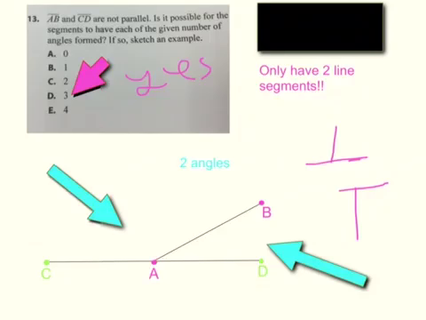If we had three line segments, well, we still couldn't. So no. The minimum number of angles you could have with two line segments would be either 2, like we have here, or 1.